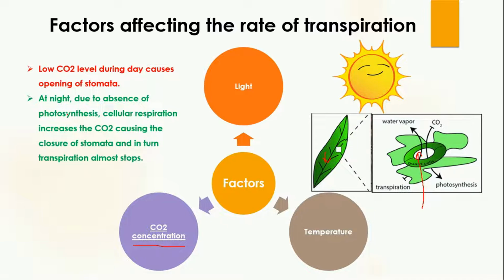But in the night, due to the absence of photosynthesis, the stomata will close, because now the carbon dioxide is not utilized, because at this time the carbon dioxide is provided by the process of respiration. So when the stomata are closed, it means that the transpiration is also stopped. But in the daylight, when the carbon dioxide was going into the cell, the transpiration was also going on.